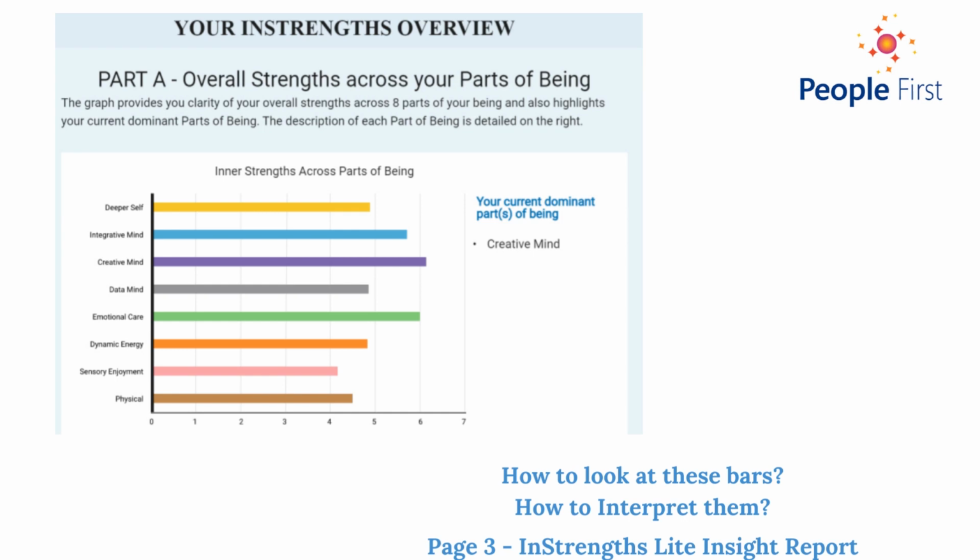The emotional care is your connect with the other and offering self in service of the other, caring, bonding. The sensory enjoyment is care for self. It's taking care of the small needs, enjoying the journey, connecting to nature, having fun, etc. You can look at the keywords for a detailed understanding. The dynamic energy is the power center.